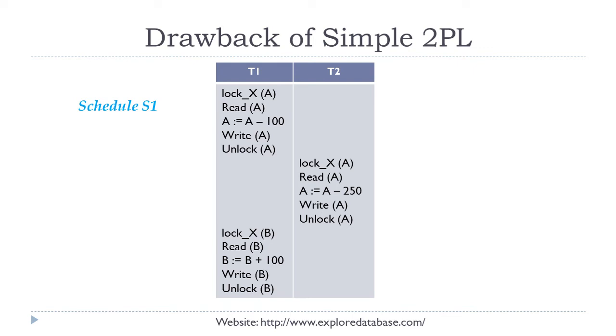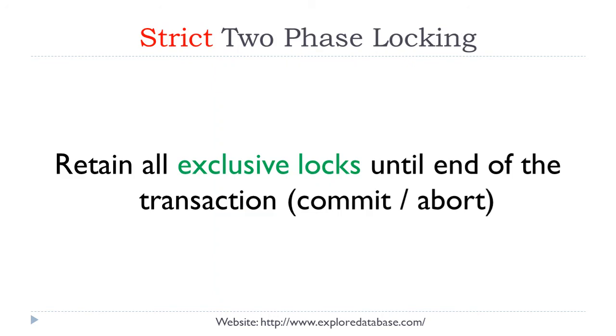But what happened? T2 has consumed the value which is written by T1, hence T2 also needs to be rolled back. And it continues to all the transactions which have consumed the value of A after T1 started. So this is the cascading rollback problem.